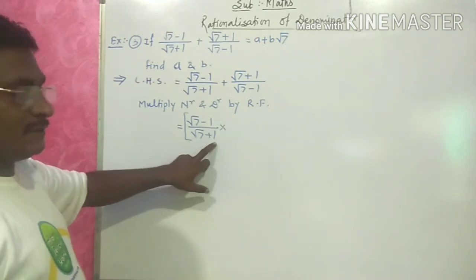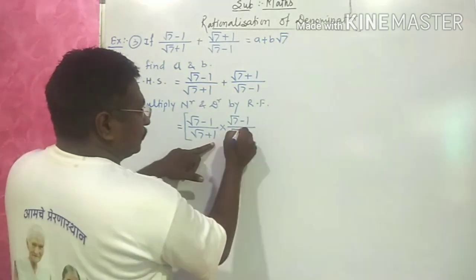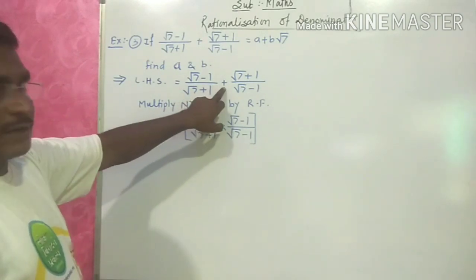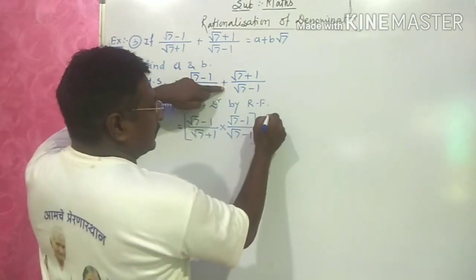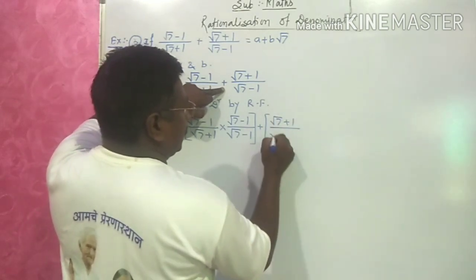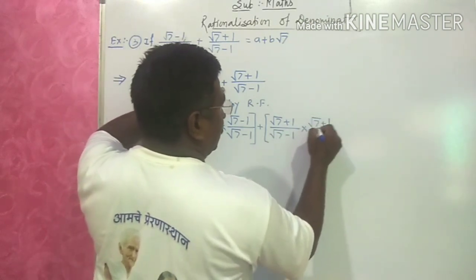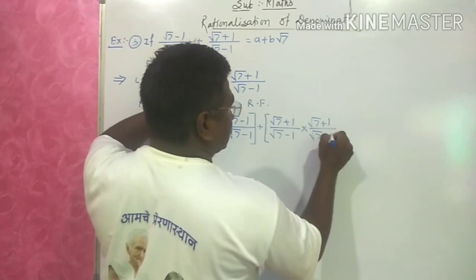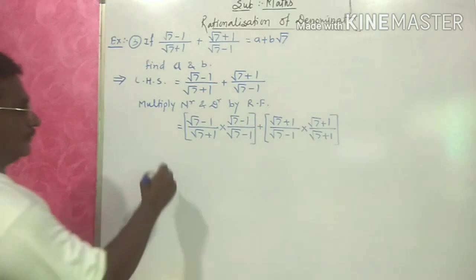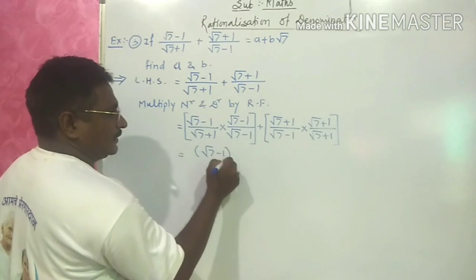Root 7 minus 1 by root 7 minus 1. This is the first term. Now second term, here plus, and we have to write the second term: root 7 plus 1 by root 7 minus 1 into root 7 plus 1 by root 7 plus 1, rationalizing factor.